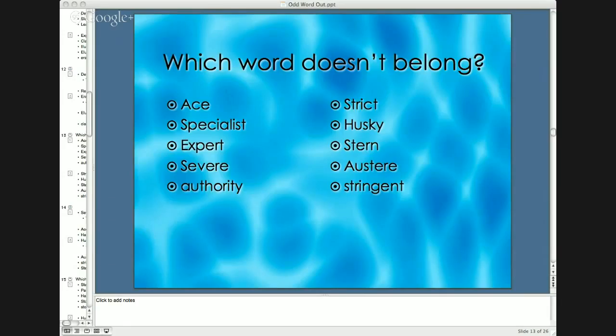Which word doesn't belong? What's the answer?